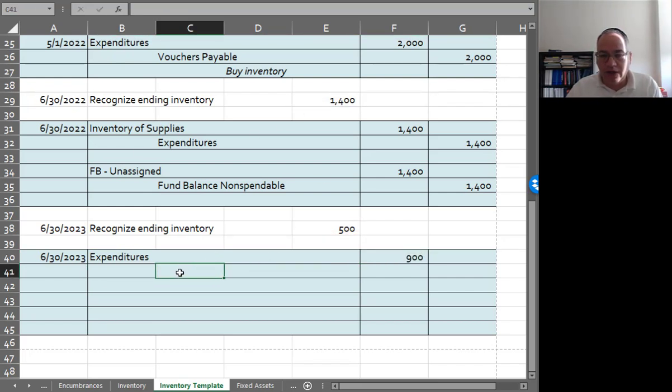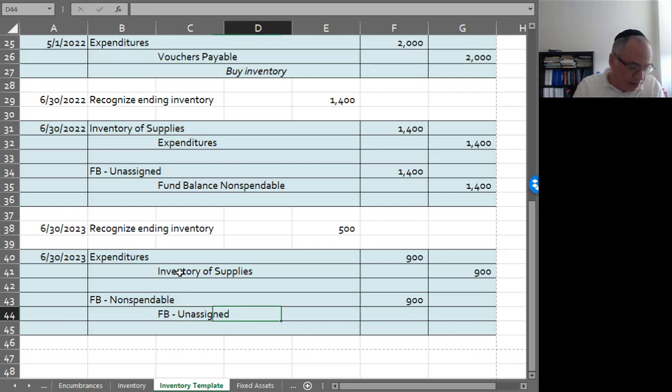So debit expenditures and credit inventory of supplies for $900. And then you would also take $900 out of non-spendable and put it into unassigned. So debit fund balance non-spendable for $900 and credit fund balance unassigned for $900.